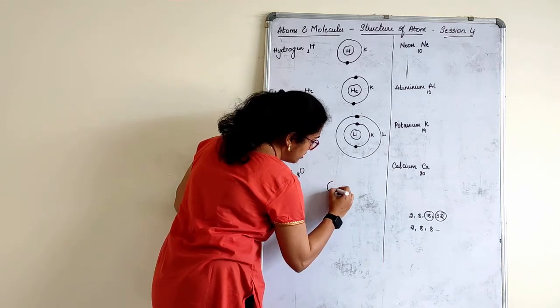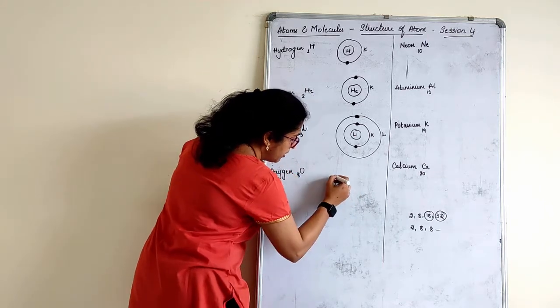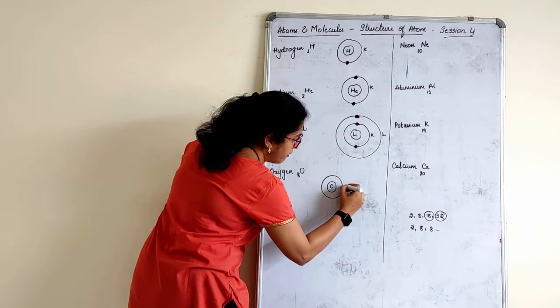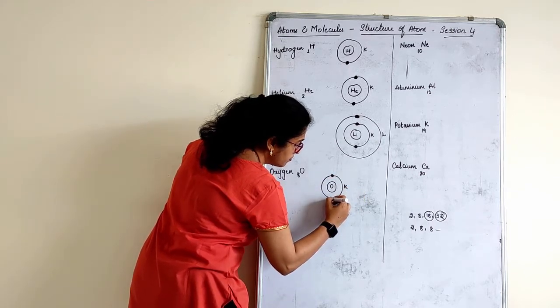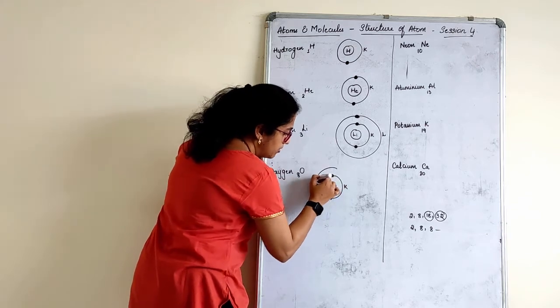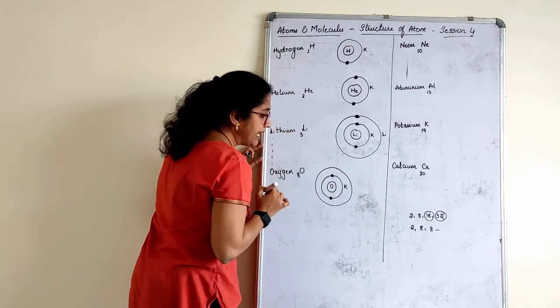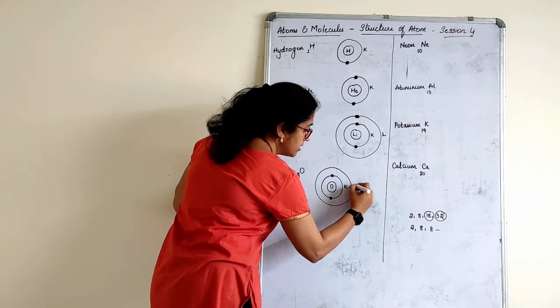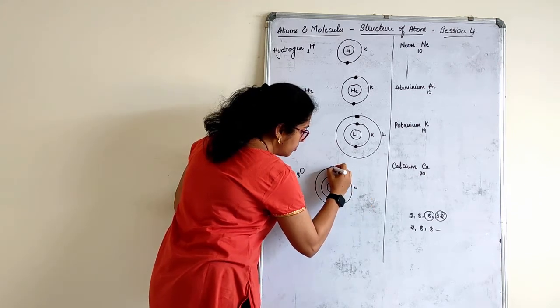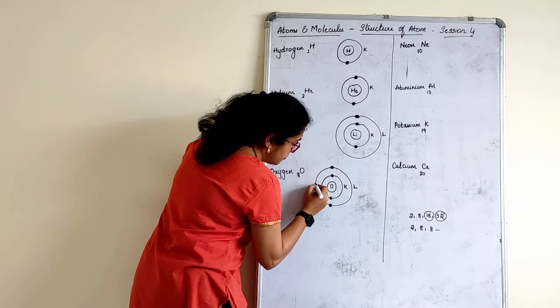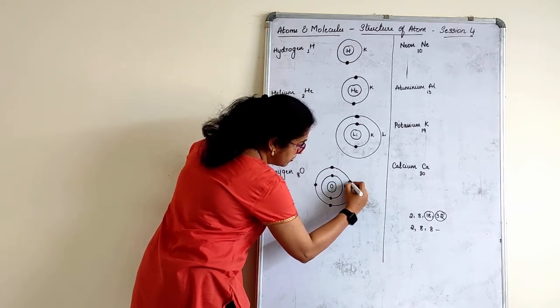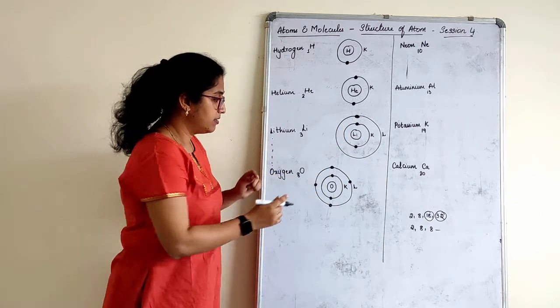So oxygen symbol is O. First, one by one we will draw. K shell. How many? 2. Over. I want how many more? It should be 8. 6 more. This is L shell. So 1, 2, 3, 4, 5, 6.